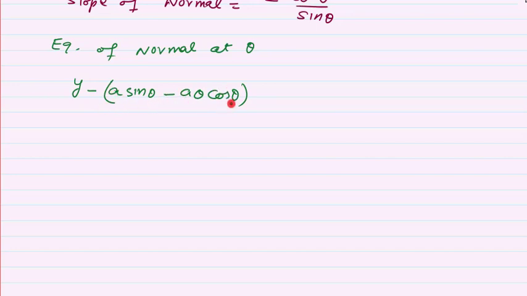This is equal to the slope, with the values of y1 and x1 in the form of sin theta and cos theta. So it is better to use the slope of the normal in the form of sin and cos instead of cot. So let me write it as minus cos theta upon sin theta into x minus x1.